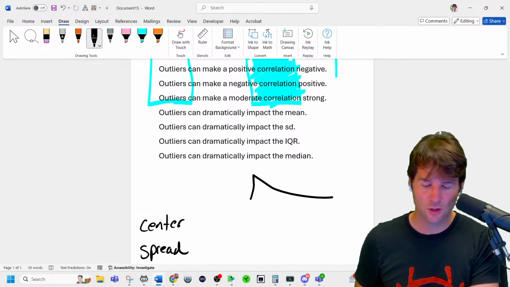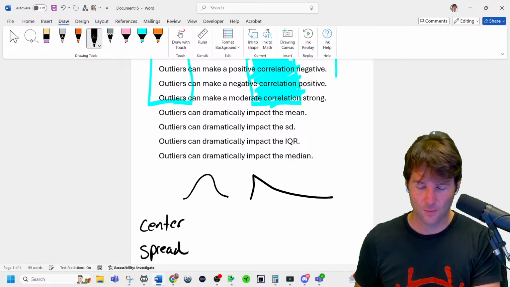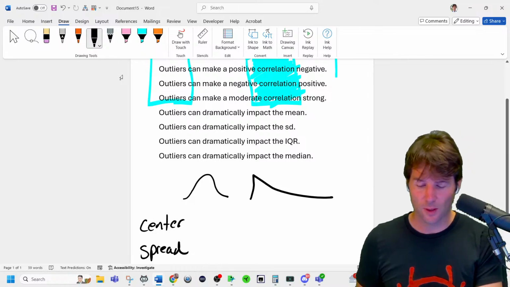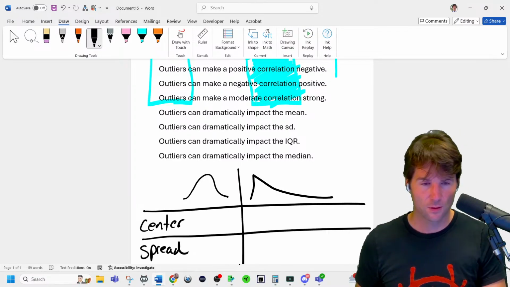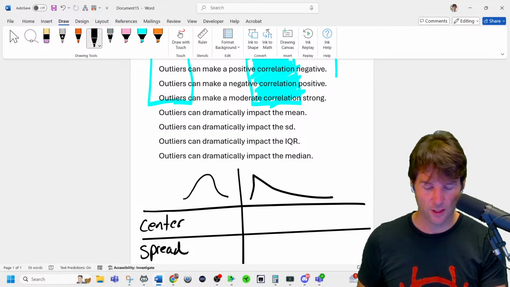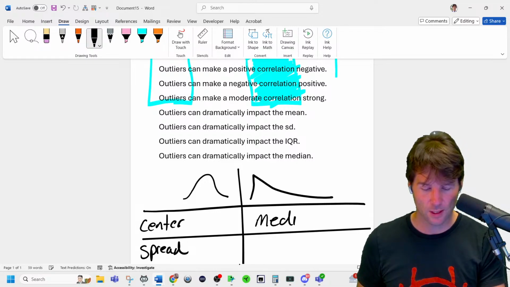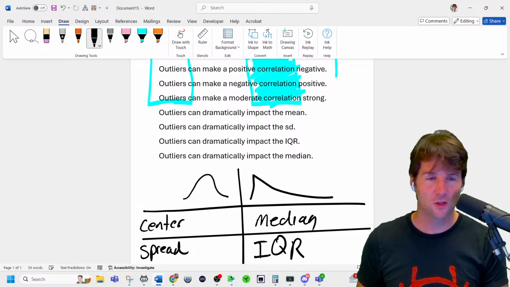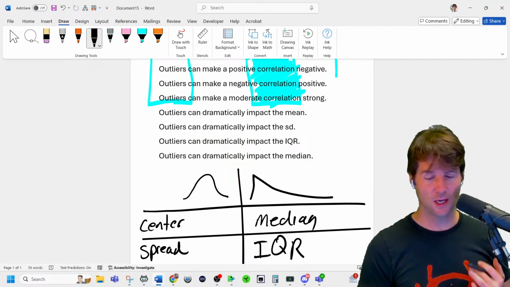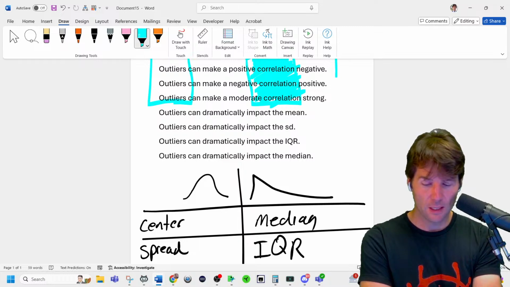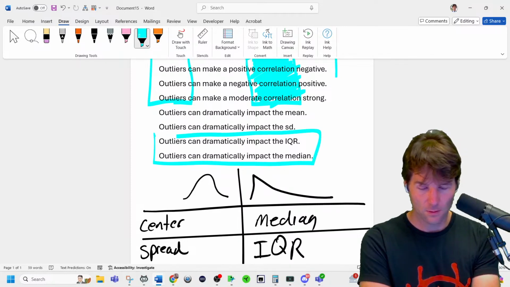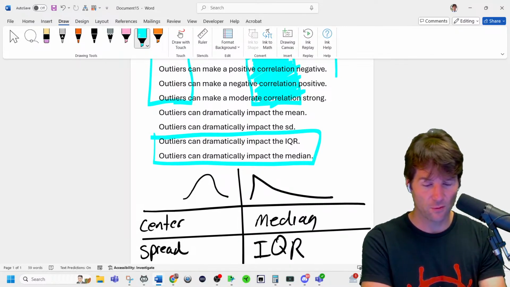Median and IQR respectively: median for center and IQR for spread. That's because those are resistant to outliers. So these right here, where we have median and IQR, this is false right here.